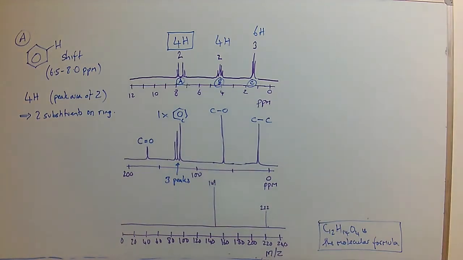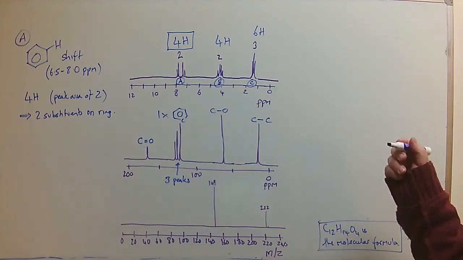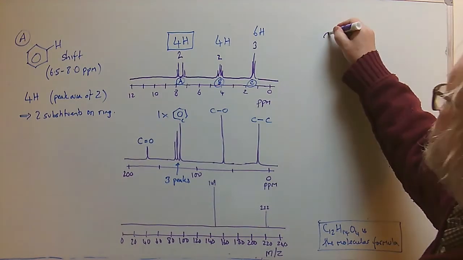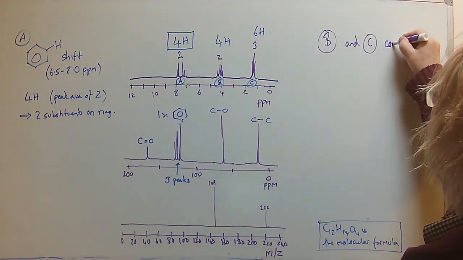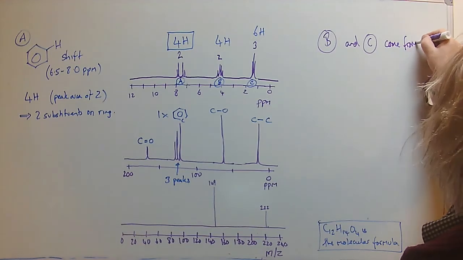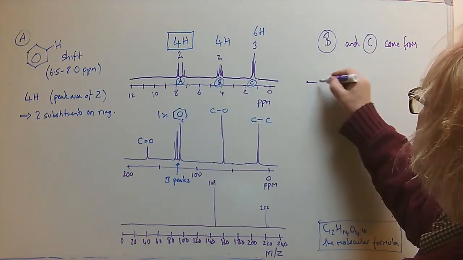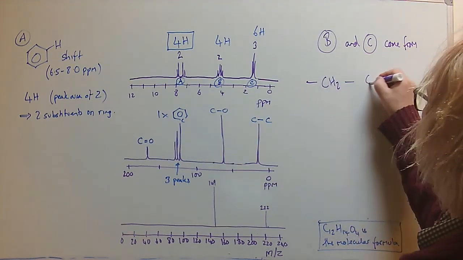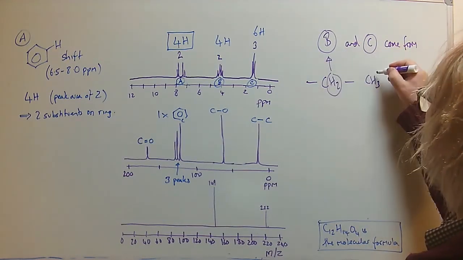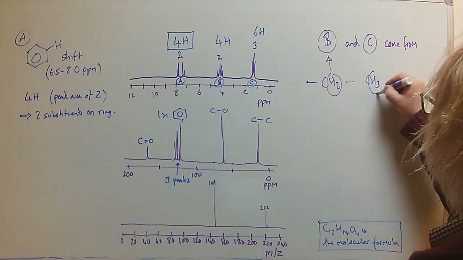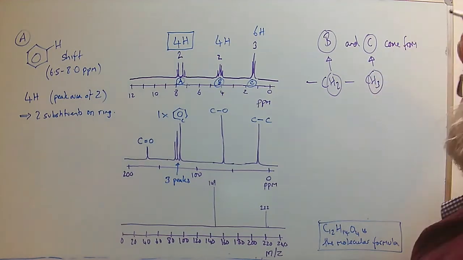So we can very confidently say that peaks B and C together come from an ethyl group. So we have CH2, CH3, where those two hydrogens give you peak B, and those give you peak C.